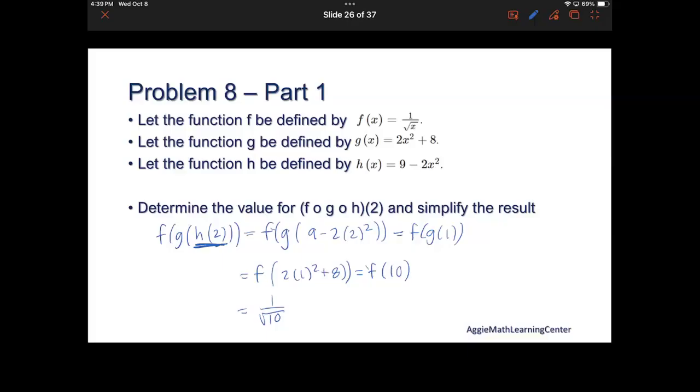And when we talk about function notation like this, this thing is the input, and this whole thing is called the output because it's dependent on what my input is. So it's 2 into H, whatever that gives you goes into G. Whatever that gives you goes to F. Exactly. Okay, awesome.